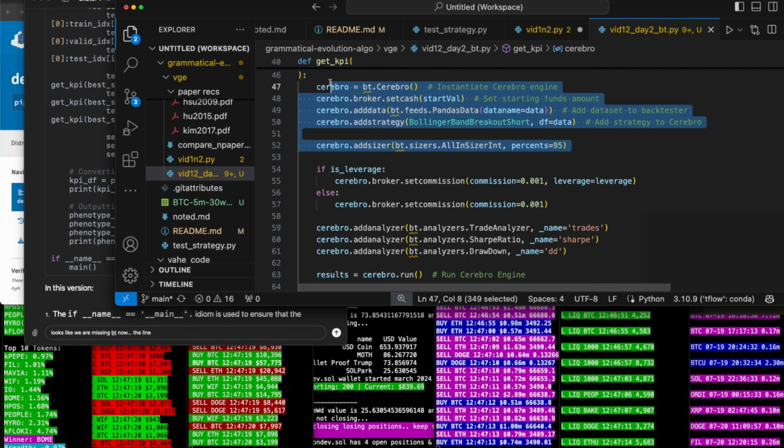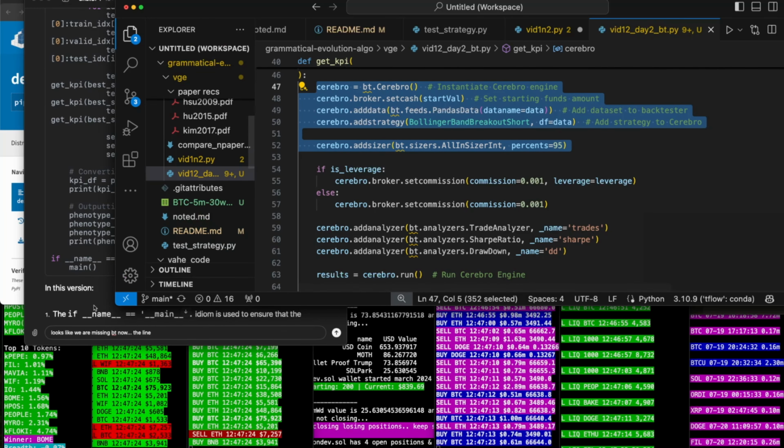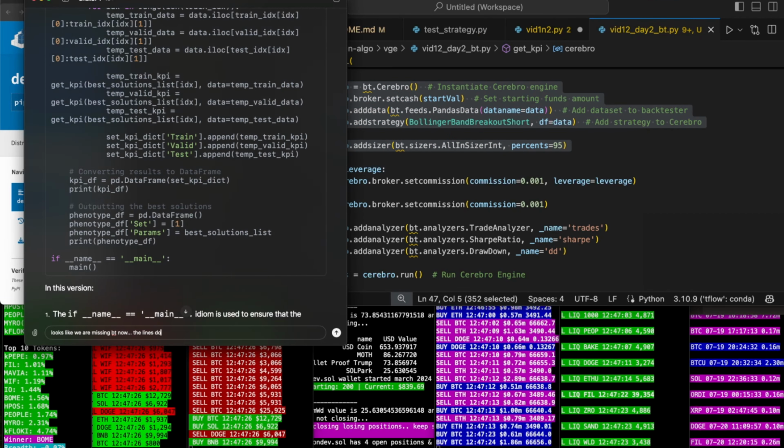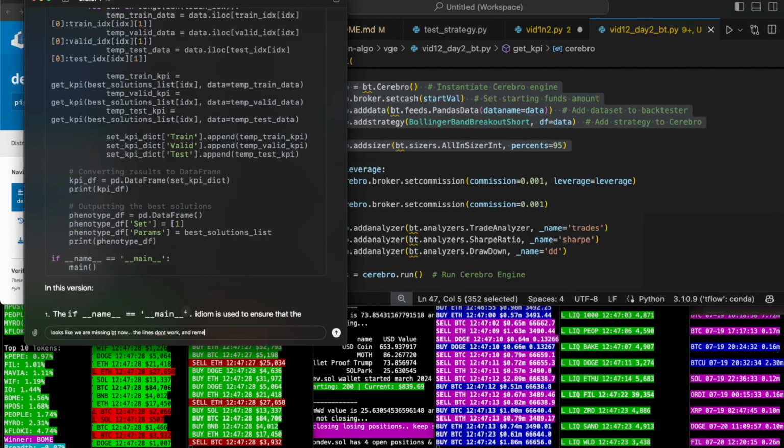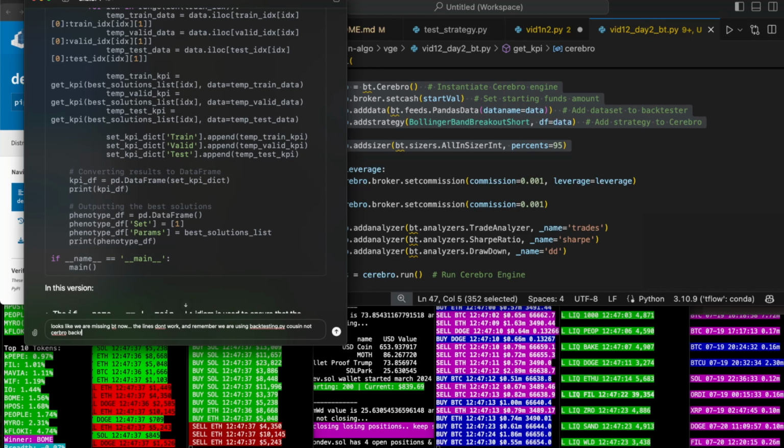These lines all don't work. And why is it using Cerebro? And remember, we are using backtesting.py, cousin. Not Cerebro. Cerebro is backtrader.